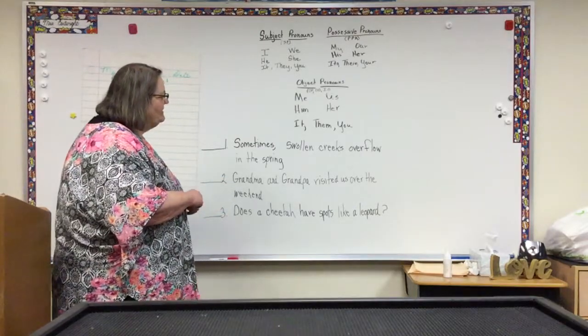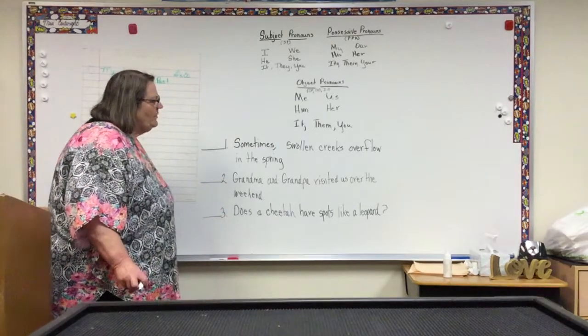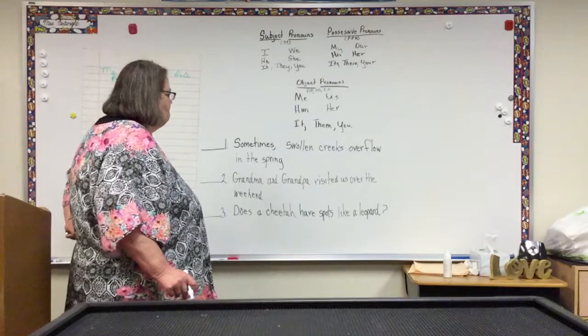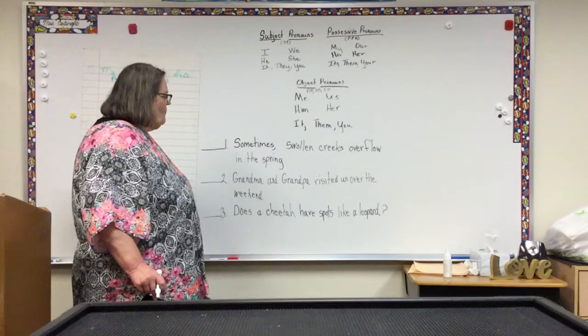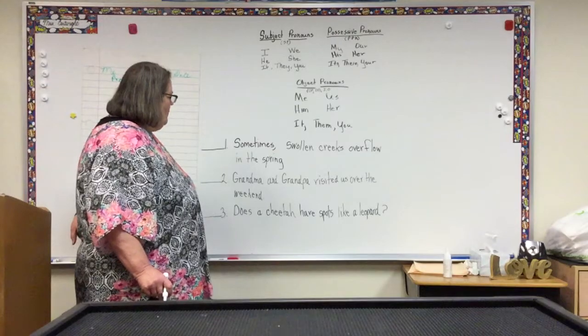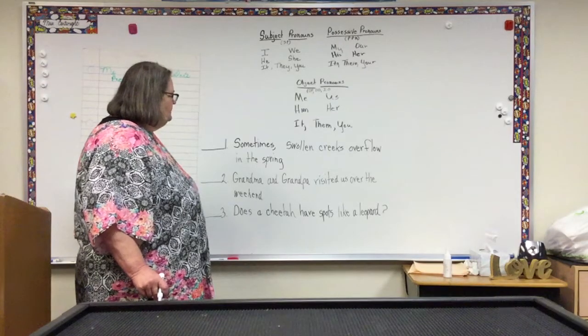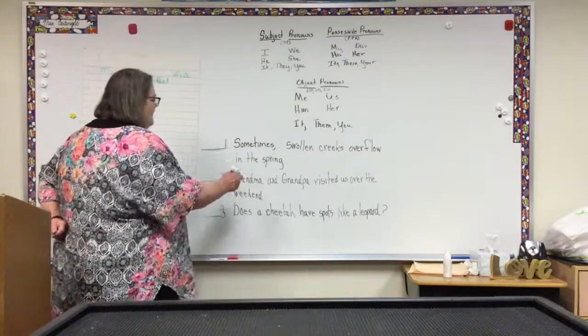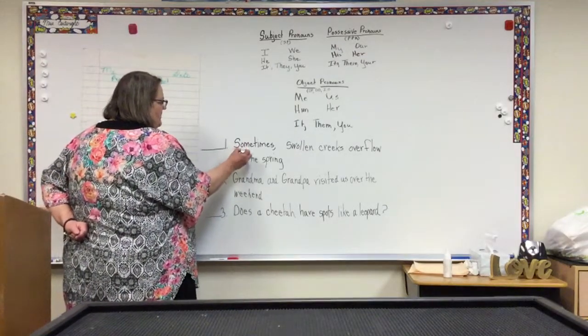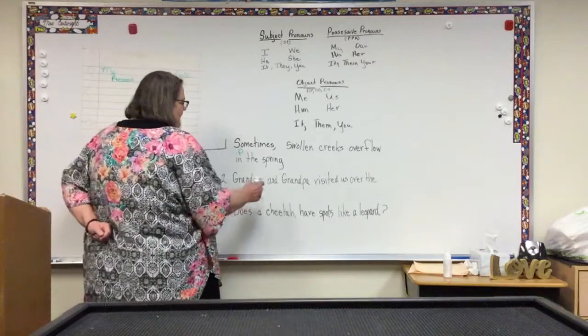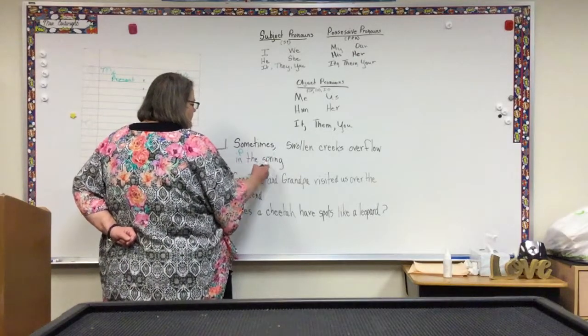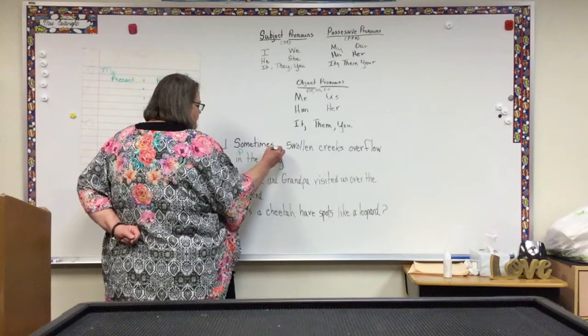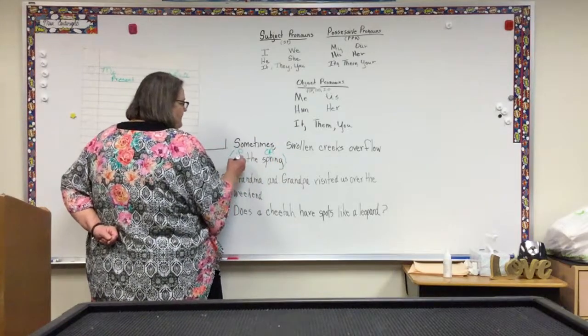We're going to find what we see that is familiar. I see in, that is a preposition, and spring, in the spring, object of the preposition. I'm going to put that in parentheses.